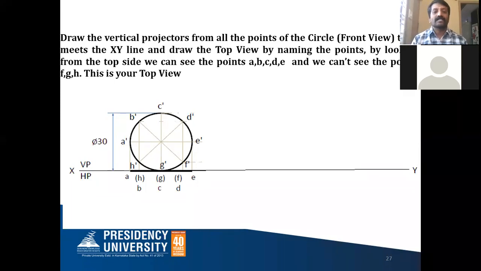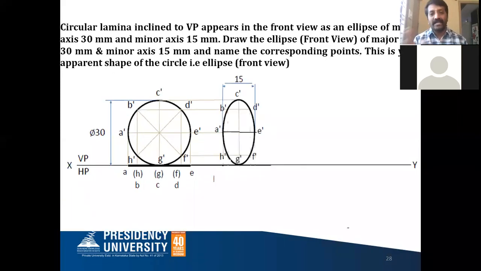On the right side you take any one point and draw one vertical line like this, and then from this you take 15 millimeter distance and draw one more vertical line. The distance between these two vertical lines should be 15 millimeter.